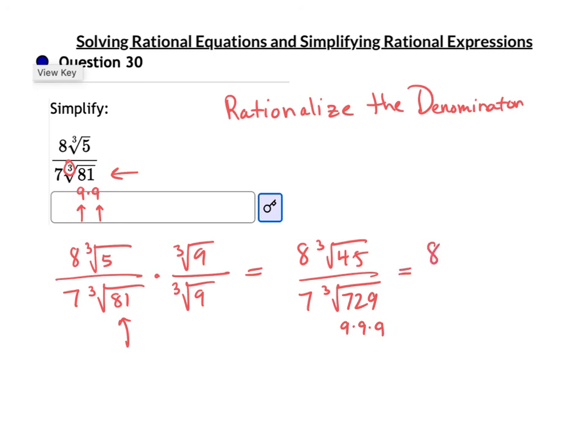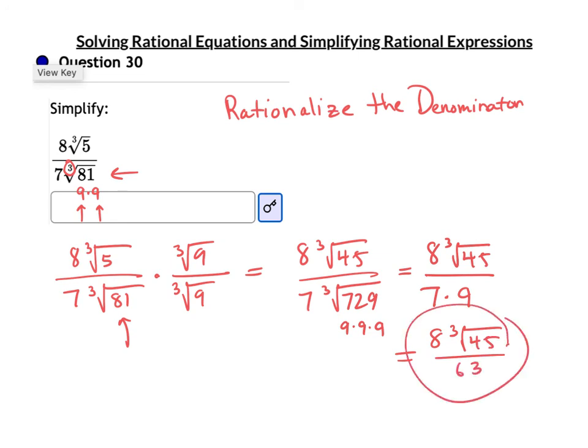This is 8 times the cube root of 45 over 7 times 9, which gives us a final answer of 8 times the cube root of 45 over 63. And if 8 and 63 had any common factors, I would simplify that, but they don't.